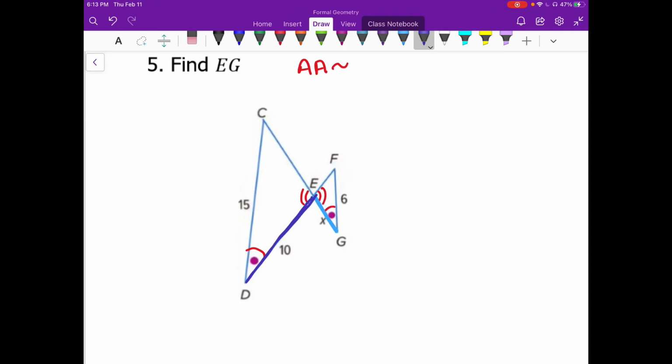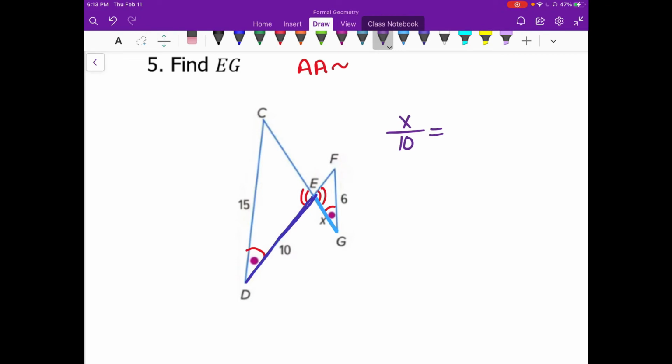So, since my triangles are similar, I know that their corresponding parts are proportional, or their corresponding sides are proportional. So, I'm going to make 2 proportions to solve for my missing variable x. So my first proportion is going to be using my missing side, which is x, over the corresponding side measurement, which in this case was 10, and set that equal to another proportion that has both numbers, no variables in the second proportion.